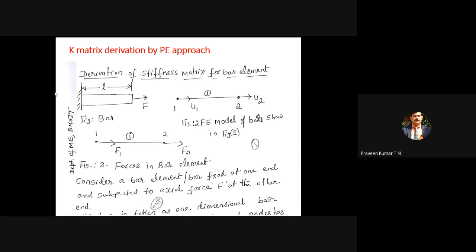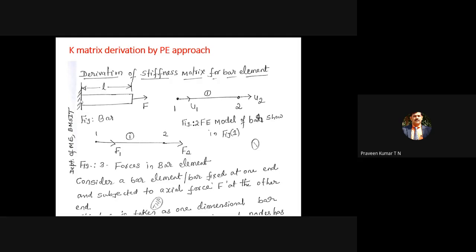Now, when you come to the bar element, I have another 50 minutes to explain the concept. Even though one end of the bar is fixed, the finite element packages are not designed for one particular application; they are general.